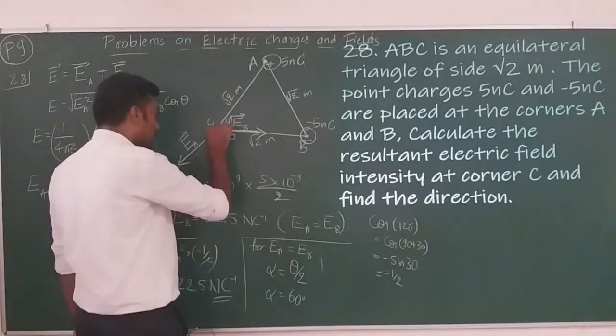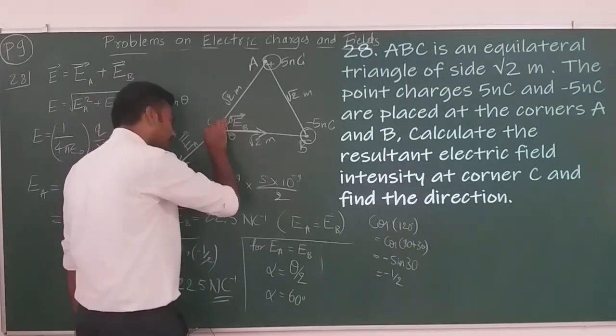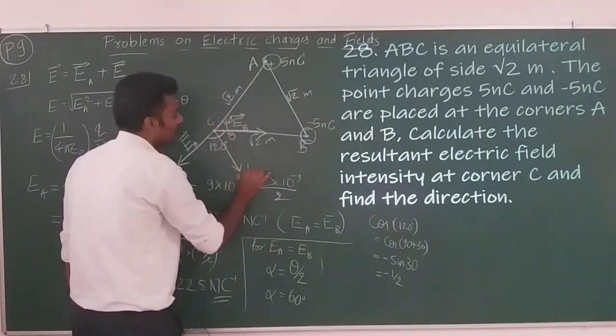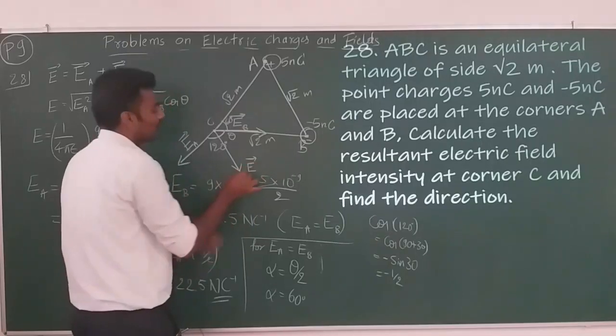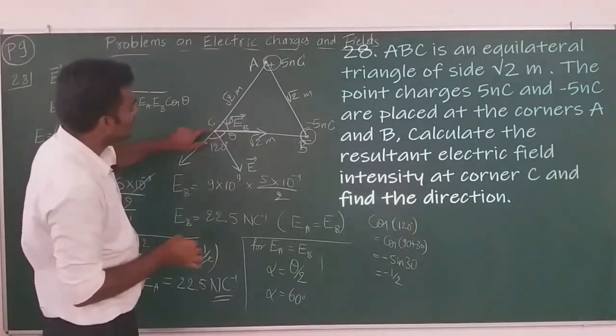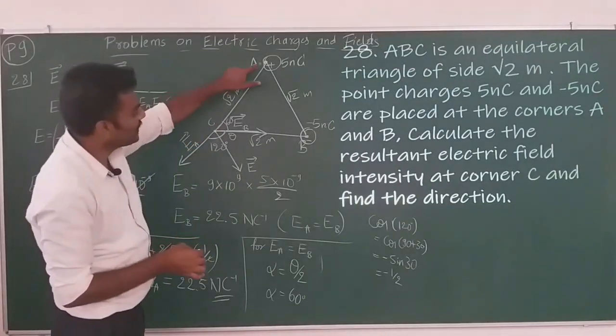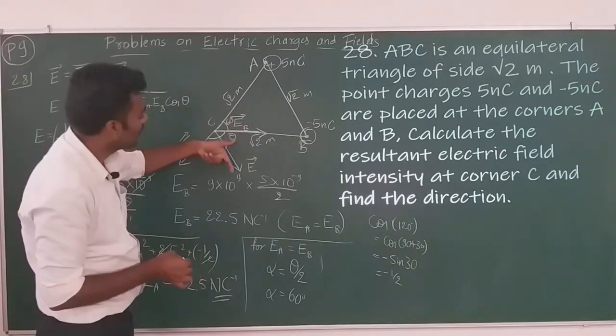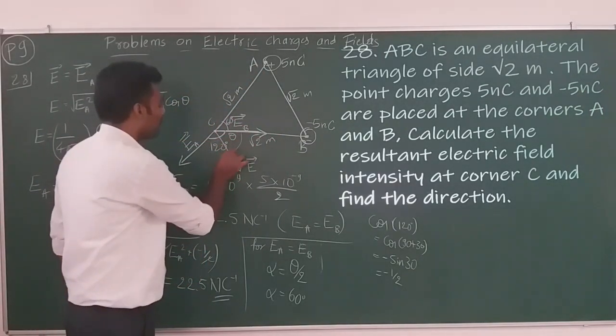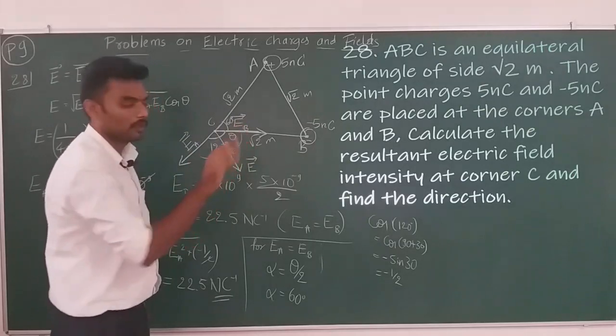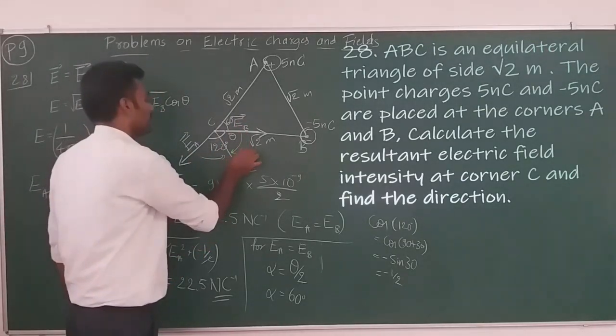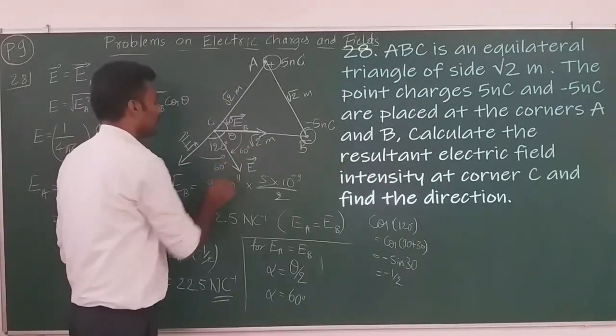So how is that directed? So this is how E is directed. So the net electric field at point C is of same magnitude as EA and EB and directed 60 degree away from EB or from EA. Both are fine. So this is also 60 degree, this is also 60 degree.